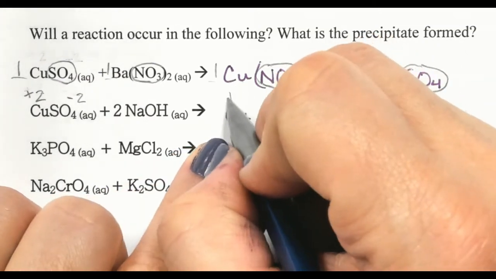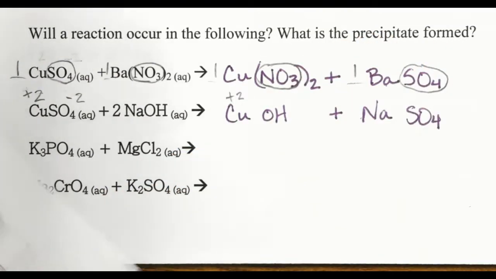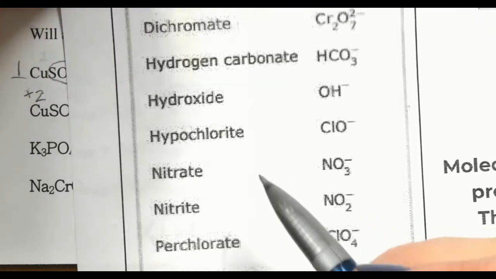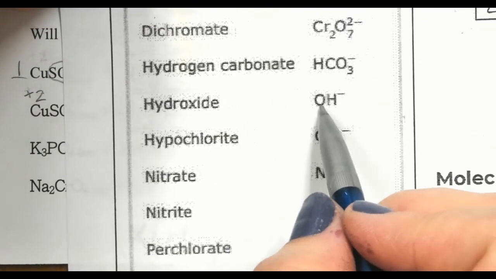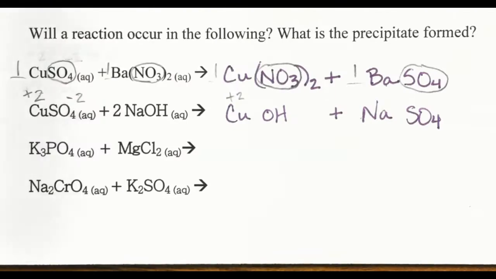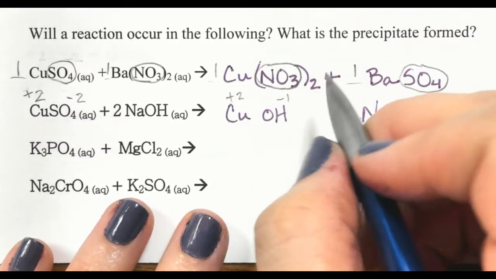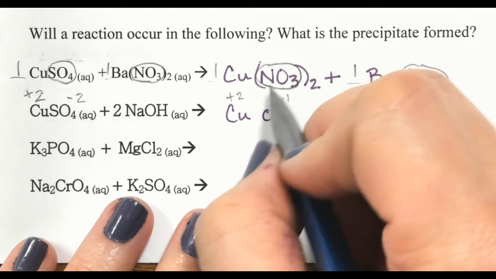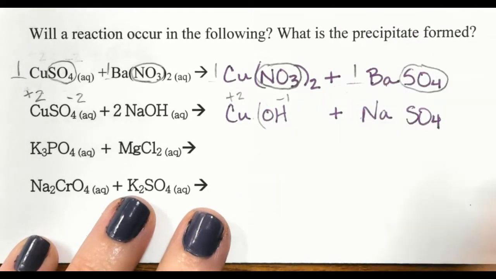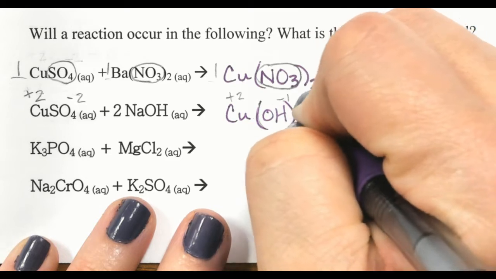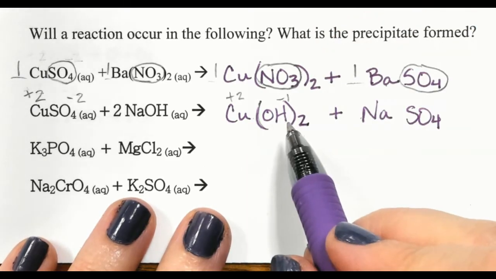So over here, this copper is a +2, and if you look for hydroxide on your list, here it is. Hydroxide OH has a -1 charge, so -1. And now I need to crisscross. I need a subscript of 1 here, and I'm going to need a 2 over here. And now these charges are balanced.